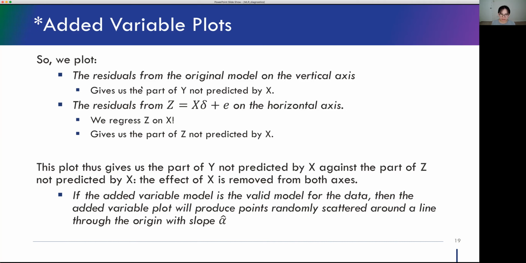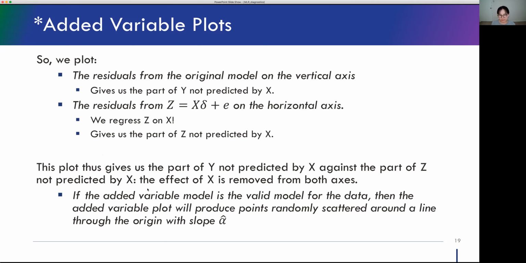Well, if you think about this one, we have the residual from y equals x times beta plus r on the y-axis, and we have the residual from this one on the x-axis. So it will give us the part of y that's not predicted by x against the part of z not predicted by x. So basically we plotted what is left over from these two models.